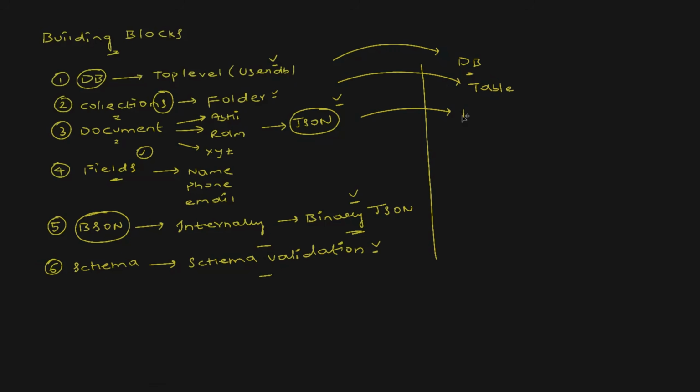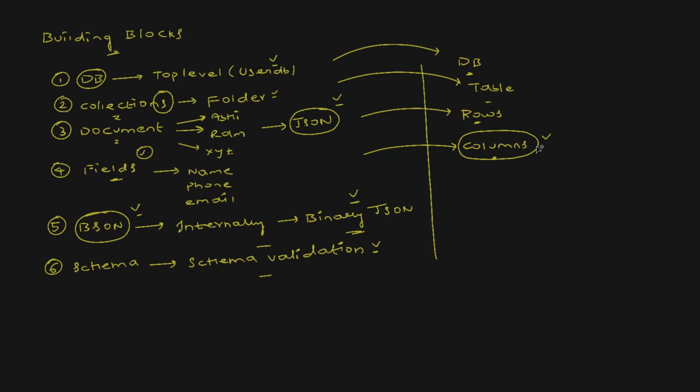A document is just like rows within the table of your relational database. Fields are basically like the columns within your relational database. JSON, as I told you, is how the data is stored internally within MongoDB, so that's not required. So you can understand database as database, collection as a table, document as rows in your relational database, and fields as columns within your relational database.